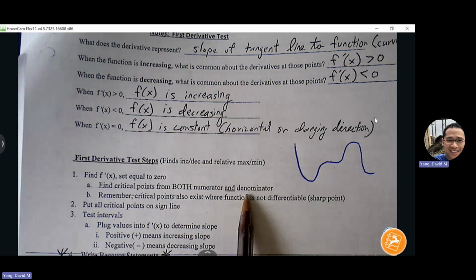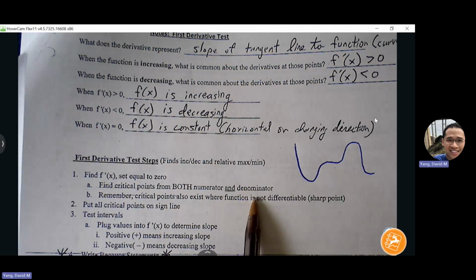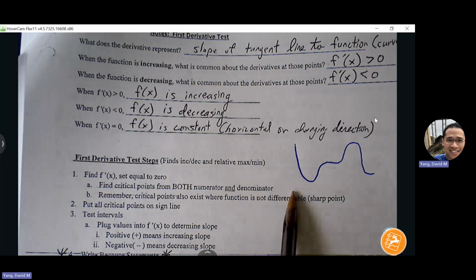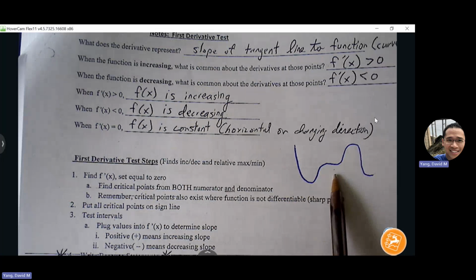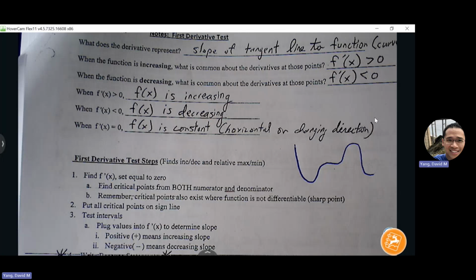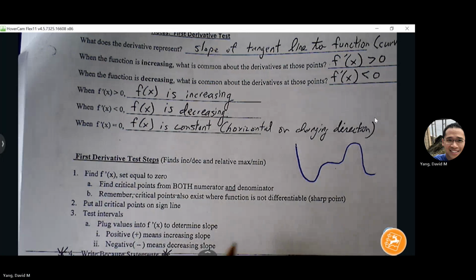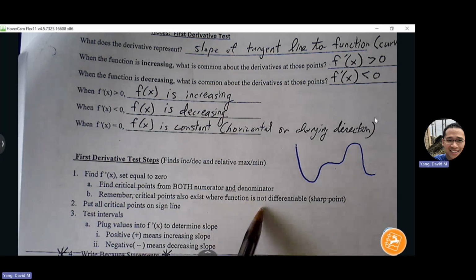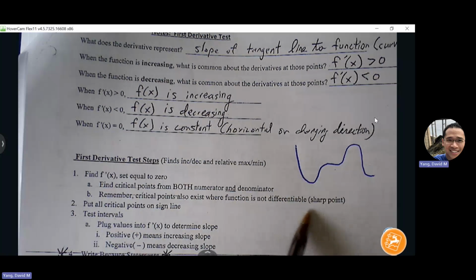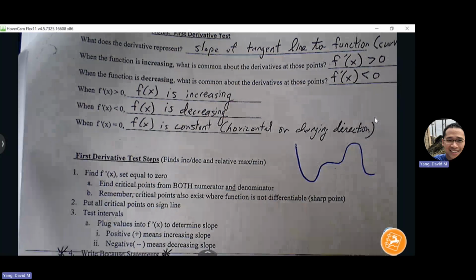Sometimes we may be coming across vertical asymptotes, but we still want to look at the denominator because even though a vertical asymptote has no chance of being a relative max or relative min or peak or valley of the graph, it can still be a place where we can separate our intervals. Okay. Remember, critical points also exist when a function is not differentiable. So sharp turn, sharp point is also considered a critical point.